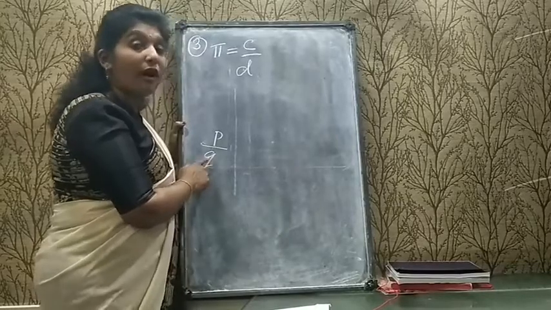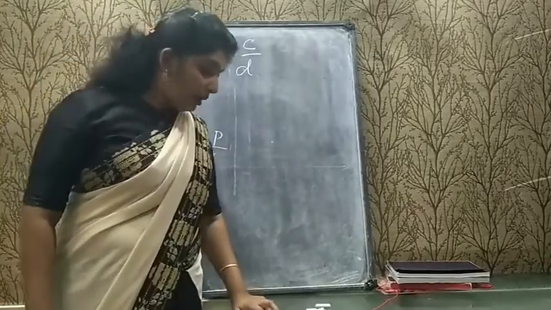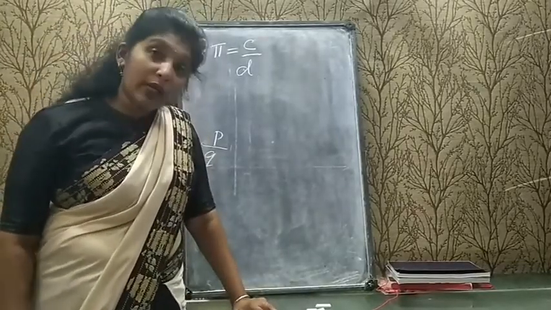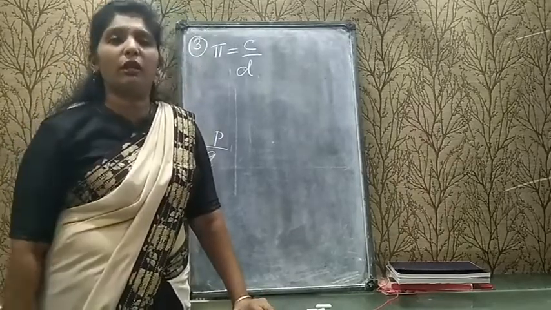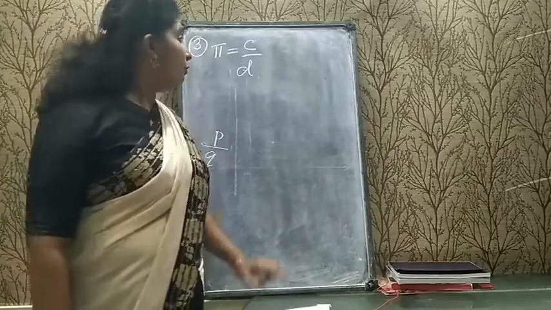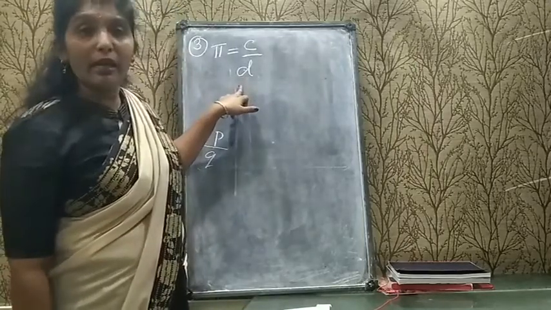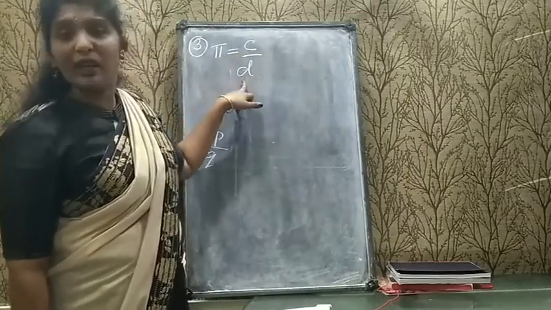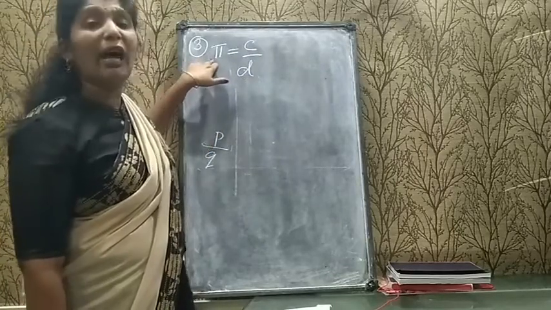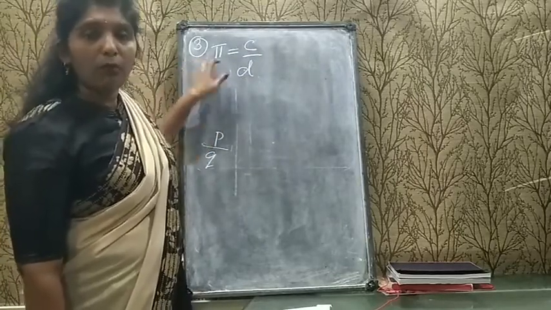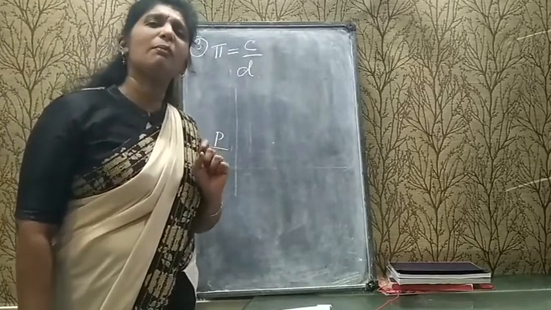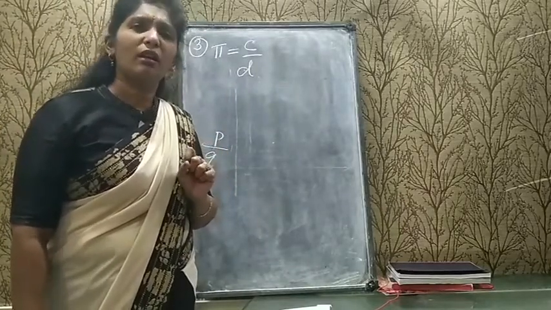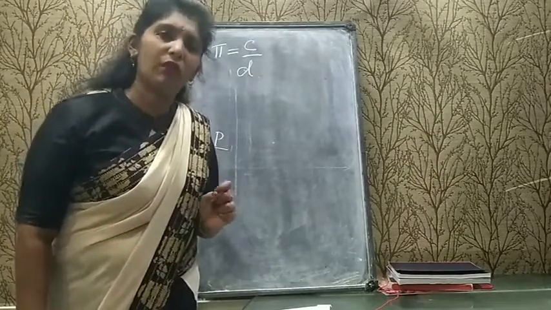That is what they are asking. This seems to contradict the fact that pi is irrational. On the right hand side, C by D is a rational number, but we know pi is irrational. Both things at the same time, how is it possible? It means there is some contradiction. Is there any contradiction? That we will see.